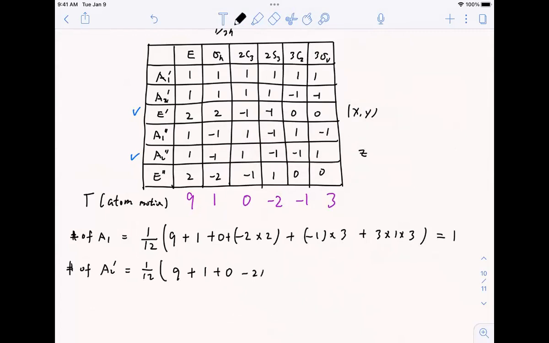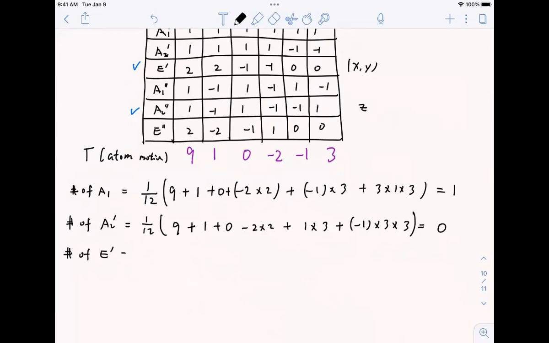And -2 times 2, and then plus 1 times 3 plus -1 times 3 times 3. Let me see. 10, 6, 9, 9. So it will be 0.